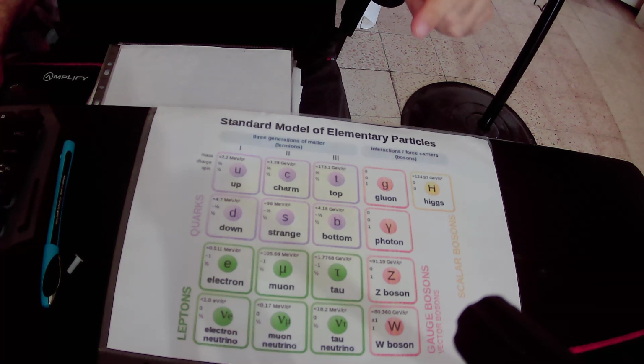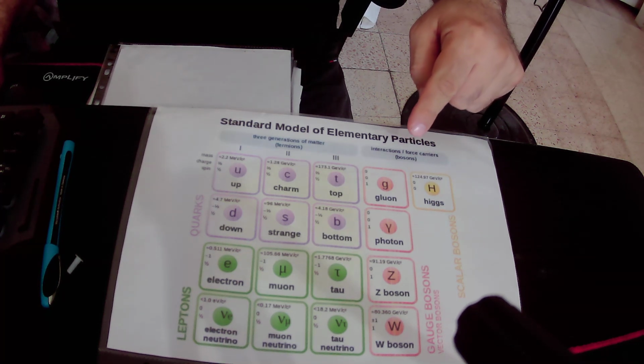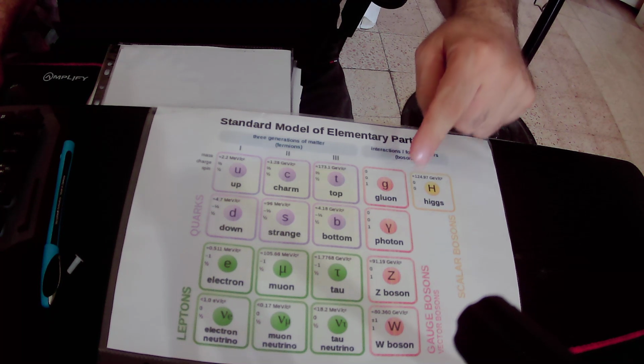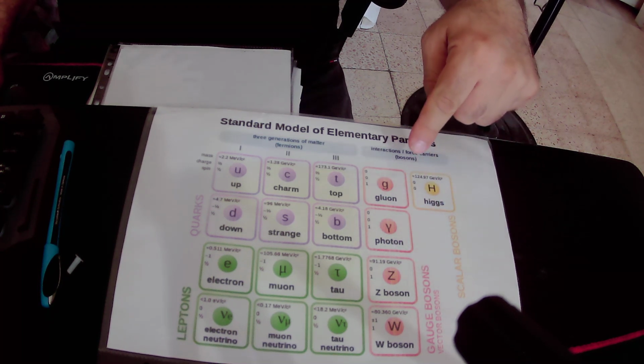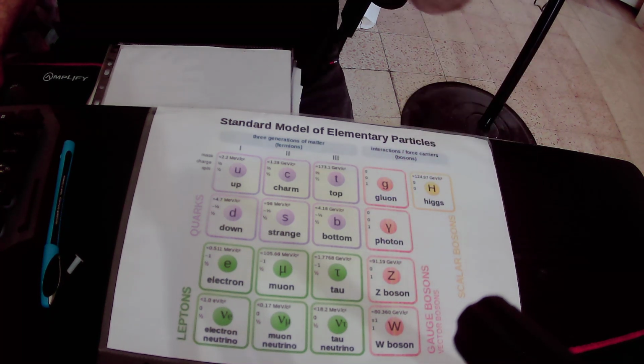In addition, we have the 4 elementary force particles in the red color that are also called bosons, and those elementary force particles actually carry the 4 fundamental forces in nature.